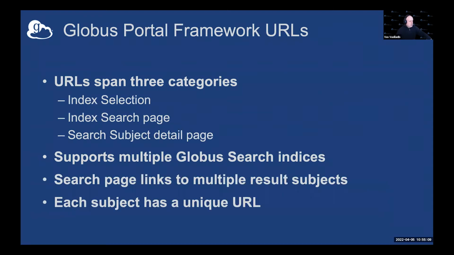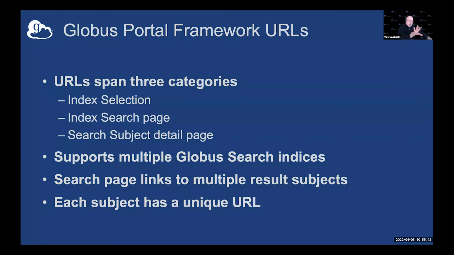Okay, so I'm not going to spend too much time on this. Well, actually, I'll talk about the first bullet because that's important. So we're going to see 3 different pages, and these are the 3 URLs. The first one is the high level, like that landing page that you saw, where we decide which index we're going to go against. So you saw the 6 or 7 projects that were there. Each one of those has its own index, its own data, obviously behind the scenes.